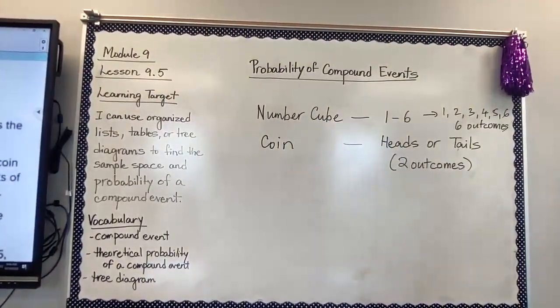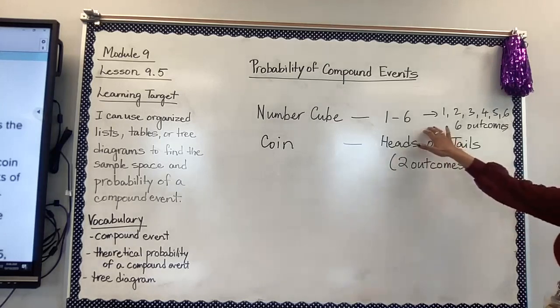Okay. So if I'm looking at this, rolling a number cube labeled 1 through 6, followed by tossing a coin, is an example of a compound event. And the compound event consists of the two simple events of rolling a number cube and tossing a coin. To find the sample space of a compound event, first find the sample space of each simple event.